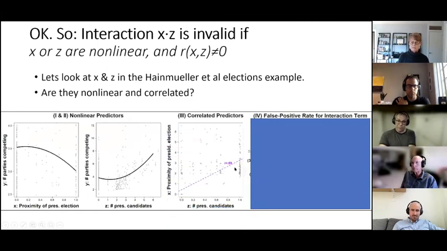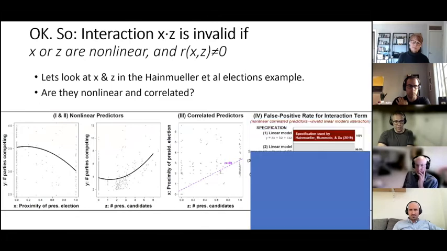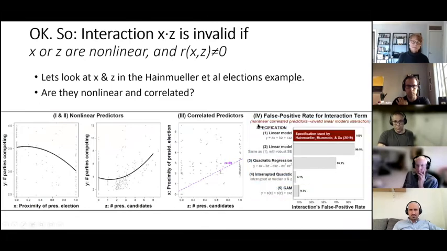The predictors are correlated at 0.7, so there will be a very high correlation. Now the false positive rate, right? How often do they get a false positive interaction that isn't there? And that's just 100%. So if you fit a linear model to their data from this methods paper, you get a 100% false positive rate. Robust errors lower it all the way to 99.9%.